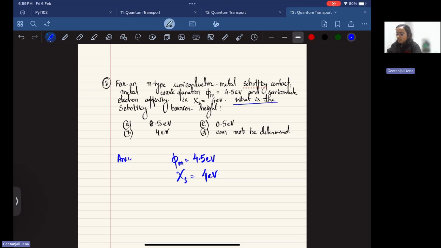Then you need to find out what is the Schottky barrier height given this information.